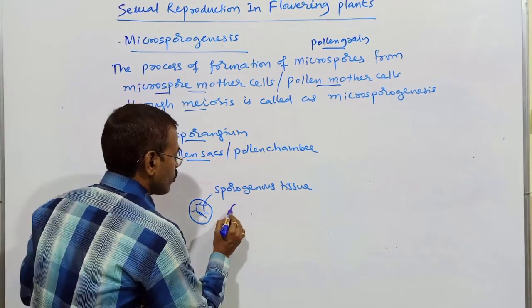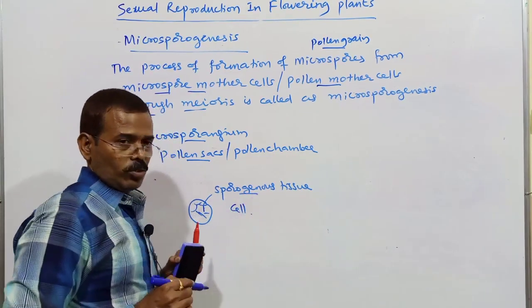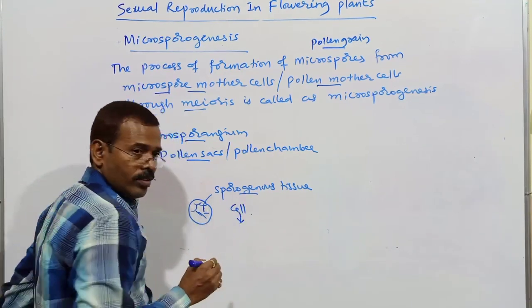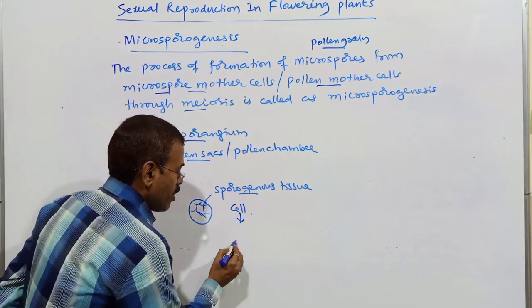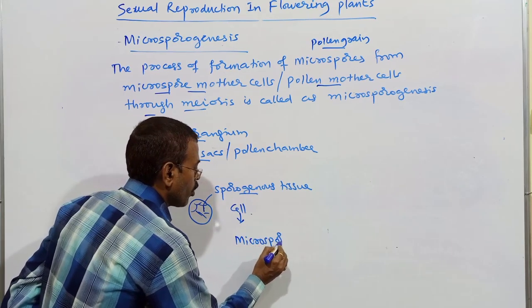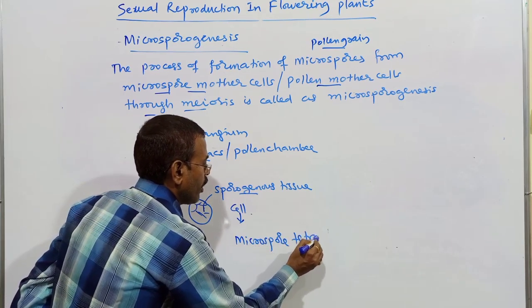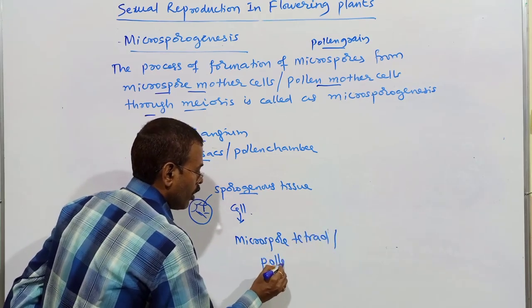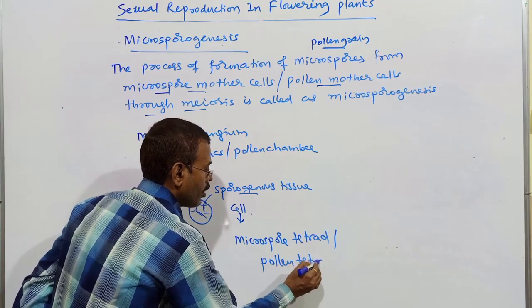So each cell of this sporogenous tissue is capable of forming microspore tetrad, or what we call pollen tetrad.